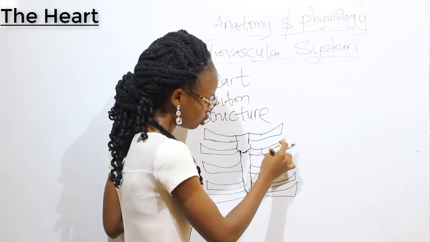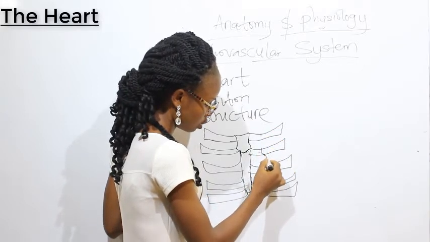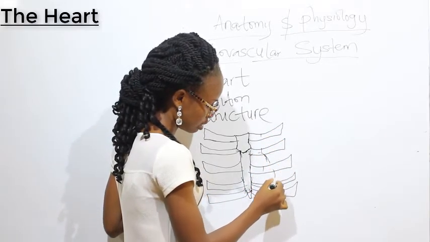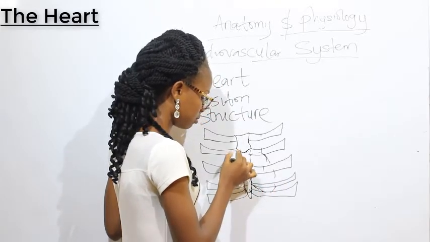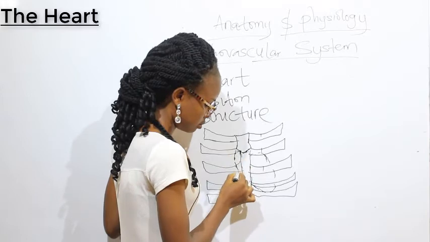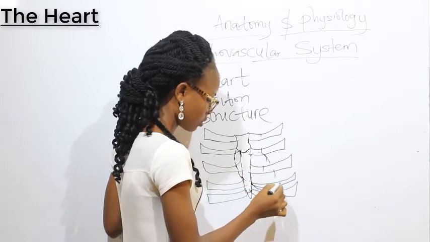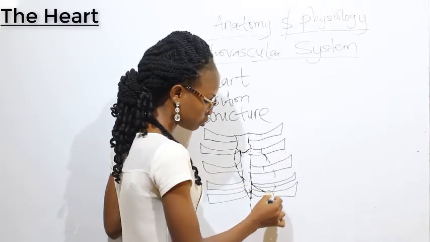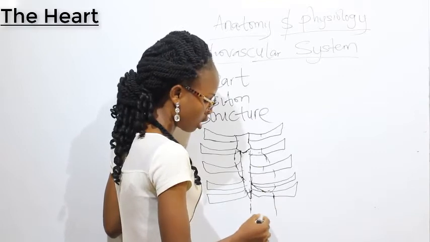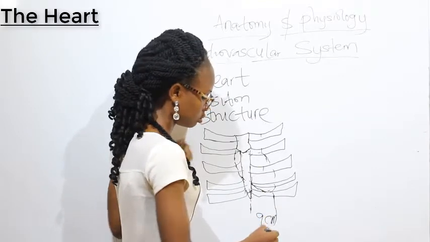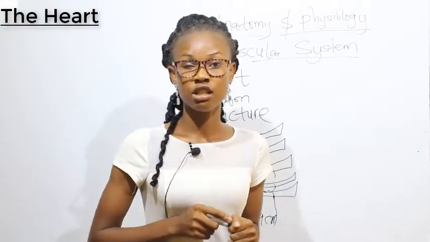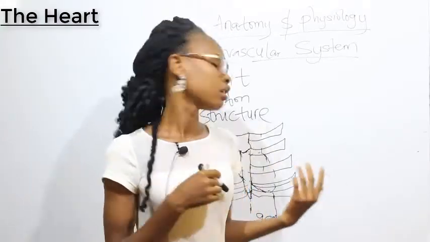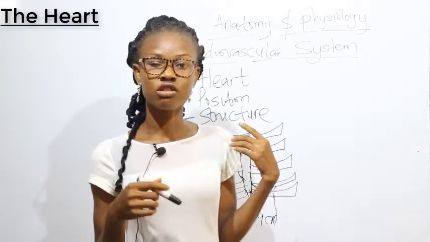So we have 1, 2, 3, 4, 5, something like this. From the apex to the midline of the mediastinum, we have 9 centimeters. So that's the position.